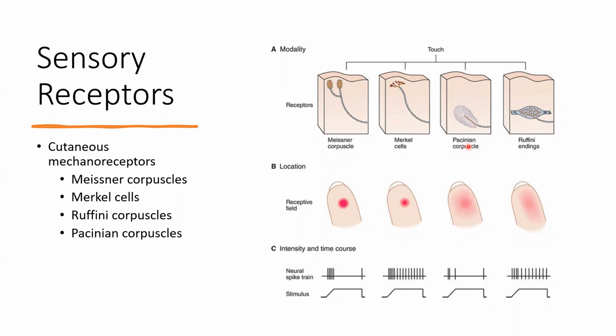Your Pacinian corpuscle, on the other hand, is the largest cutaneous mechanoreceptor. It is about 2 millimeters in length and about 1 millimeter in diameter, and is found in the dermis of the glabrous skin. Just like your Ruffini endings, your Pacinian corpuscles are found in the dermis.